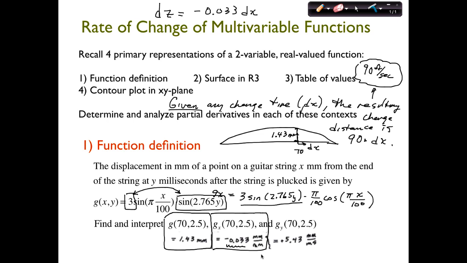So now we're going to put it all together. So y is your change in time, and then x is your change in distance.